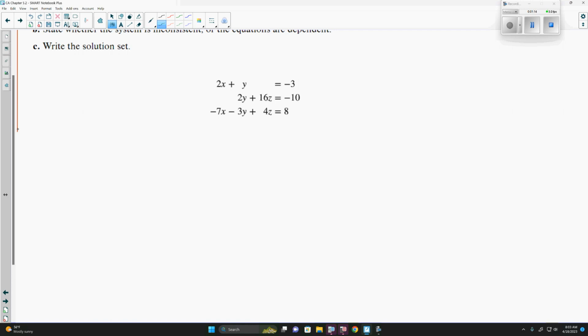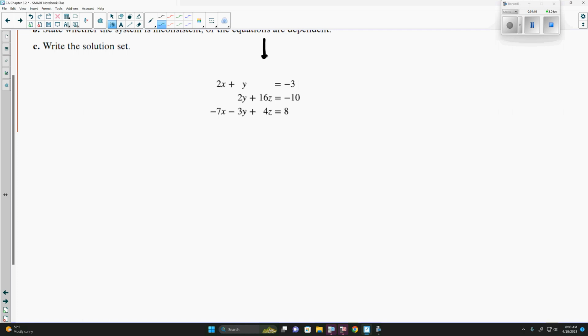The variable I would pick is either y or z, one of those two, because x is going to be a little bit tricky to get rid of out of the other two.